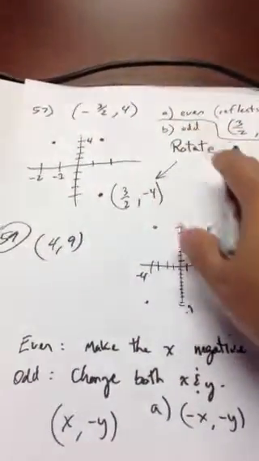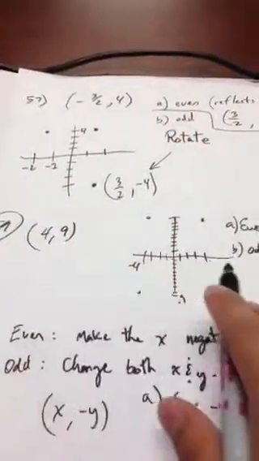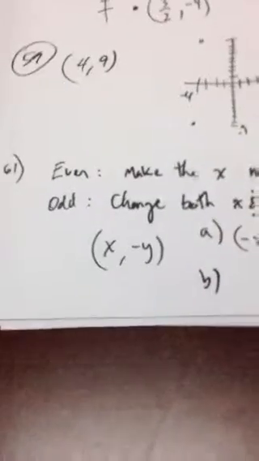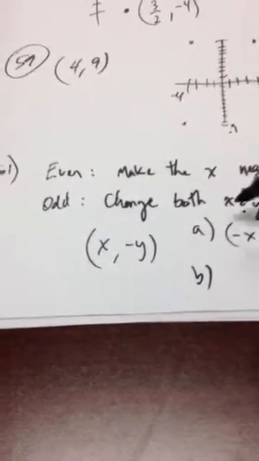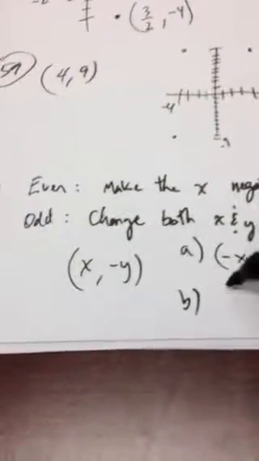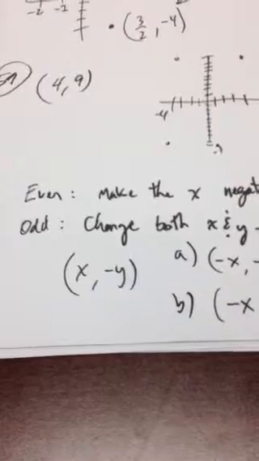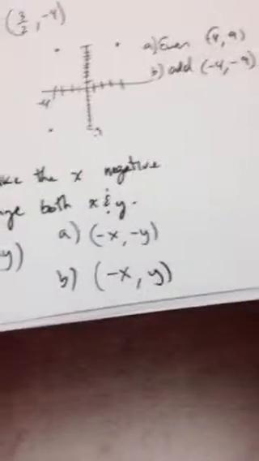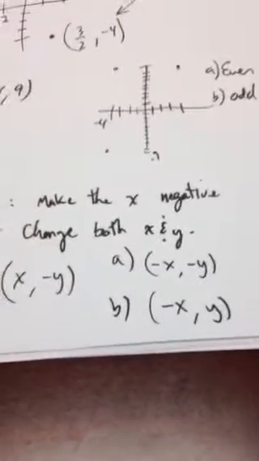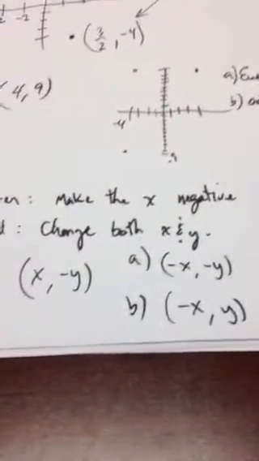X was negative, now it turned positive. X was positive, and then it turns negative. And the last part, for part B, what are we doing here? They want you to rotate it, and that was to change both signs. That's how you rotate. So it's going to be negative x, positive y. Okay? Alright, so that's trying to find the coordinates of another point, knowing that something is even or odd.